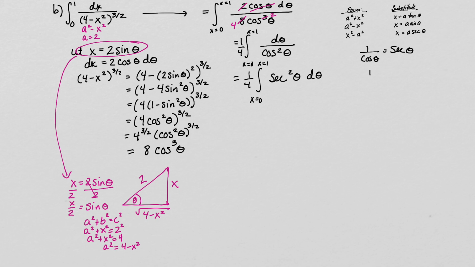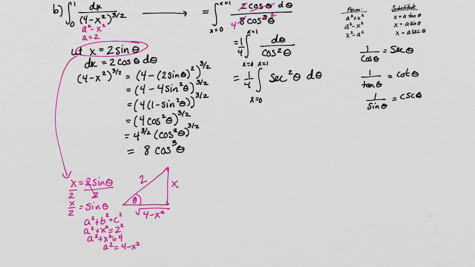Remember the other ones: 1 over the tangent of θ is the cotangent of θ, and 1 over the sine of θ is the cosecant of θ.